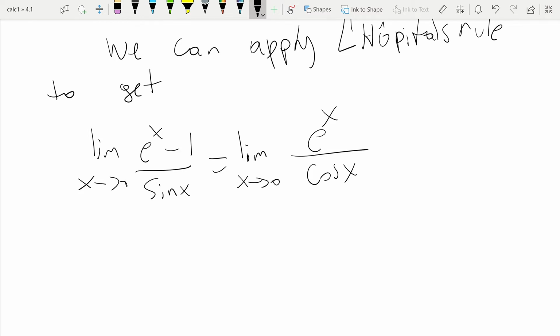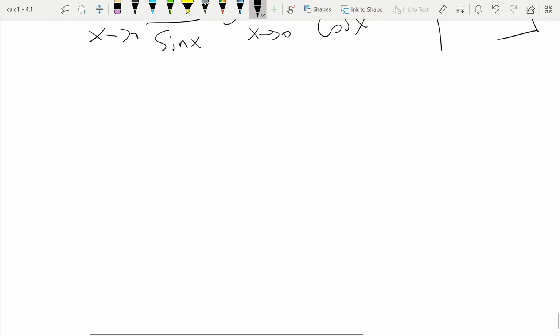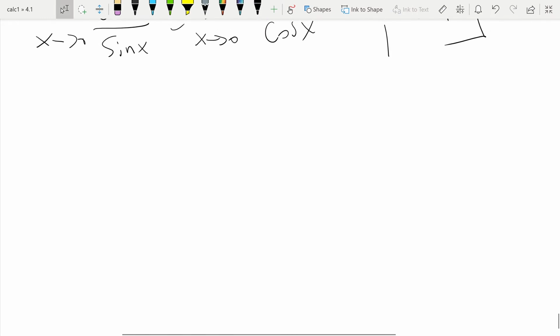And now we don't have any problem because e to the 0 is 1 and cosine of 0 is 1. So we can evaluate these two continuous expressions and we get 1 over 1, which is 1. Okay.